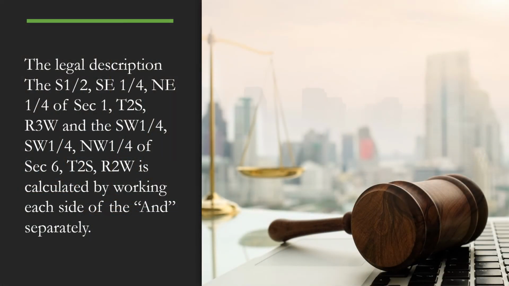So the legal description, the south one half of the southeast one quarter of the northeast one quarter of section 1 T2S R3W and the southwest one quarter of the southwest one quarter of the northwest one quarter of section 6 T2S R2W, is calculated by working each side of the "and" separately.